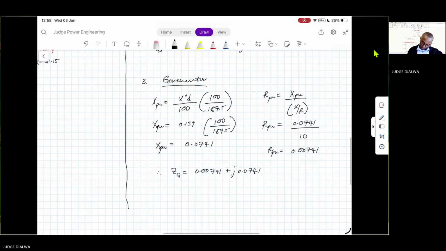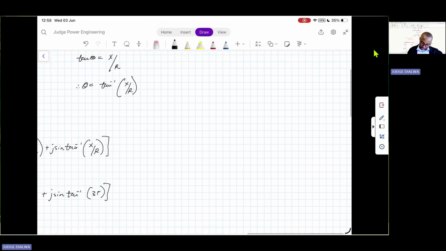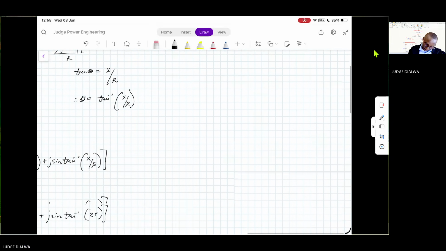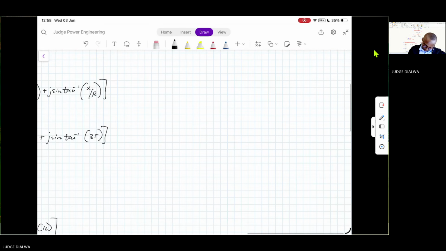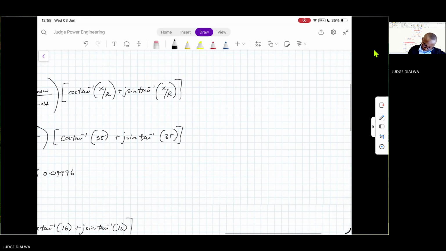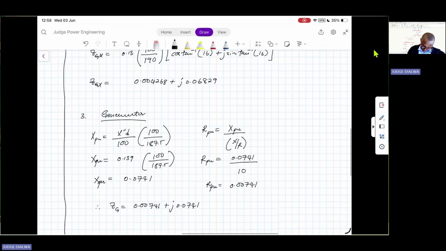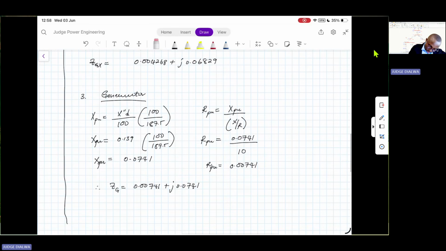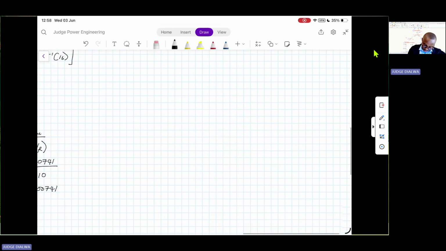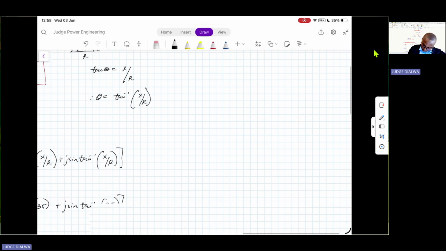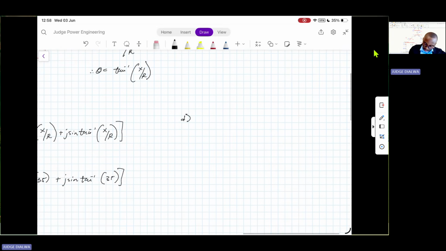So that will be, what's supposed to be C and then D. Okay, D, that will be our unit transformer.